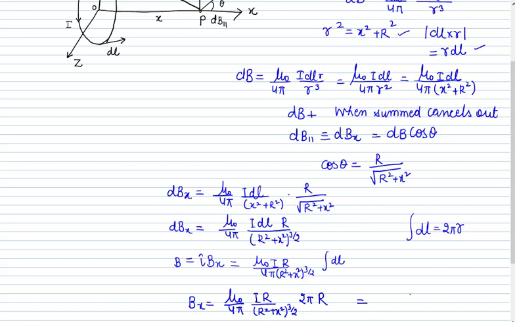So this is equal to mu naught I r square upon 2 (r square plus x square) to the power 3 by 2. And the direction is i cap. So this is the total magnetic field which is created due to a current carrying circular loop. So always remember this formula.